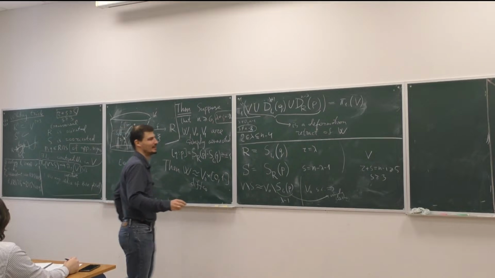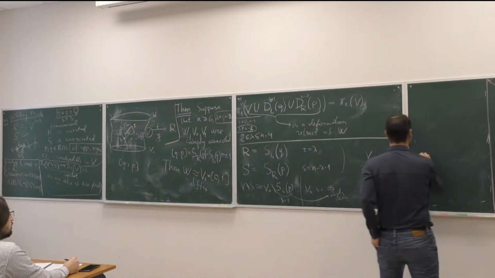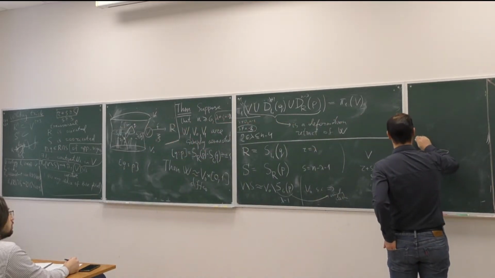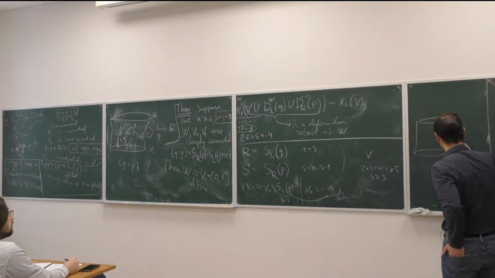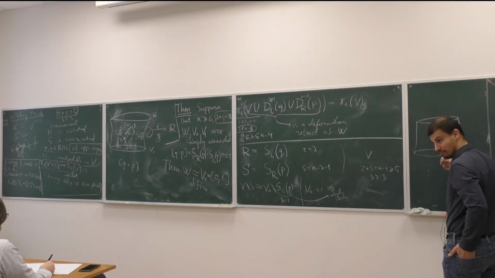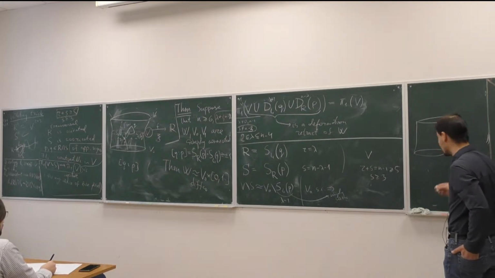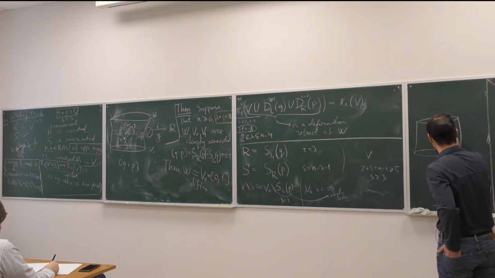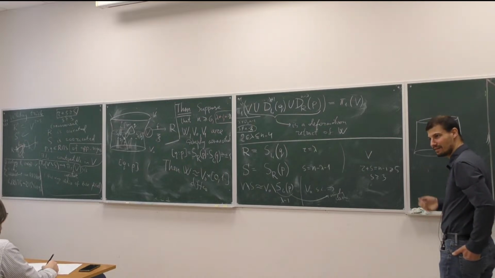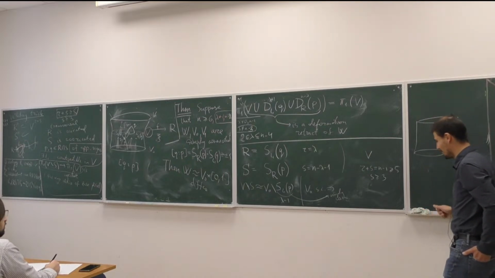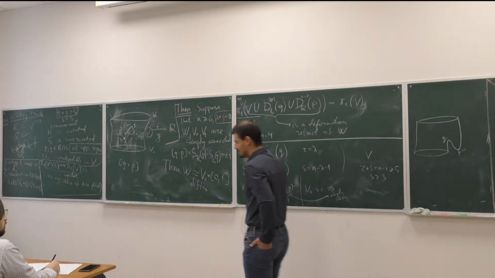Look what happens in this case. P is a critical point of index 0, so it is a local minimum, and Q is index 1. Well, there is an important observation.